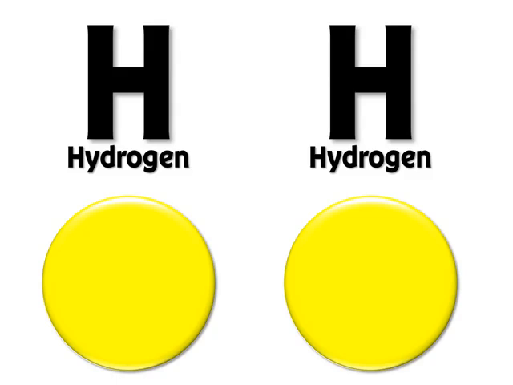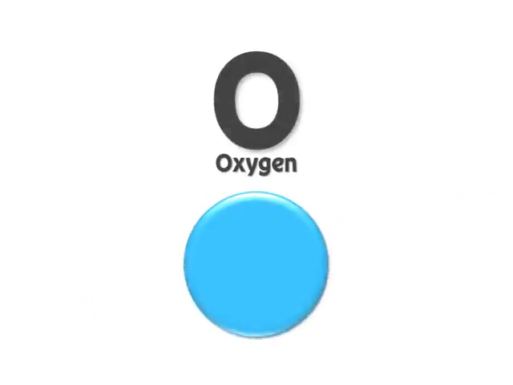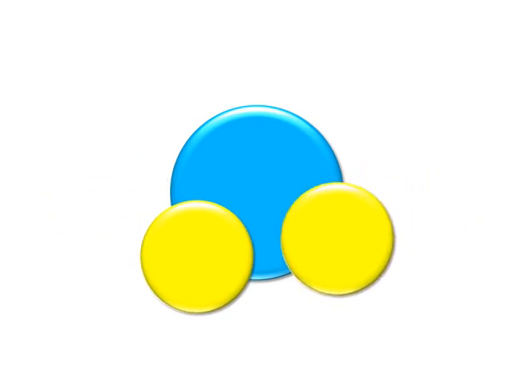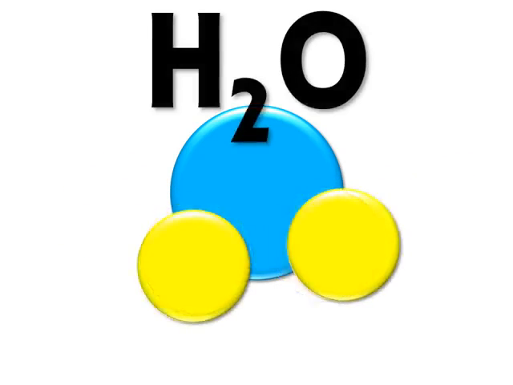Now, we're going to focus on different combinations of elements. Let's take two hydrogen atoms and let's take one oxygen atom. When you put two hydrogens and one oxygen atom together, it forms a chemical compound.